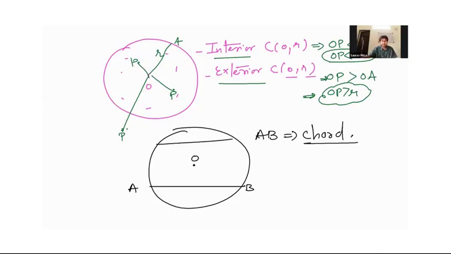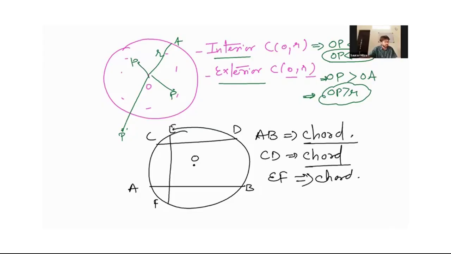You can say CD also, and if you draw like this, EF. They are the chords. CD and EF are not passing through the center. They are chords.